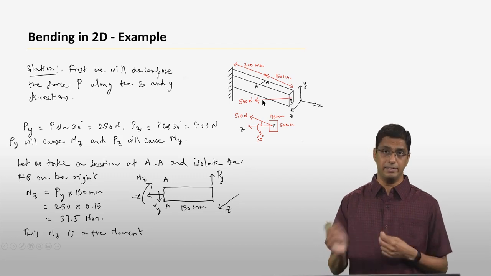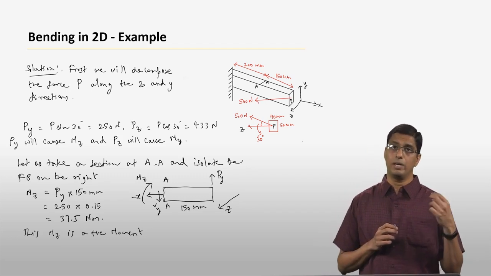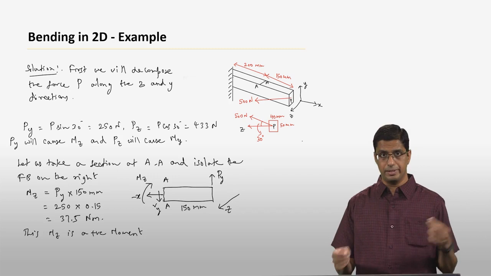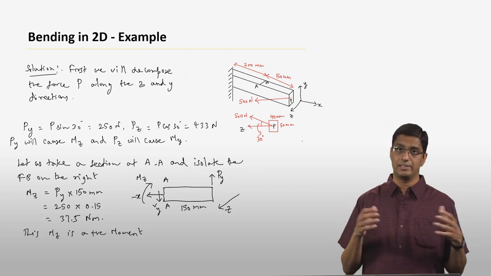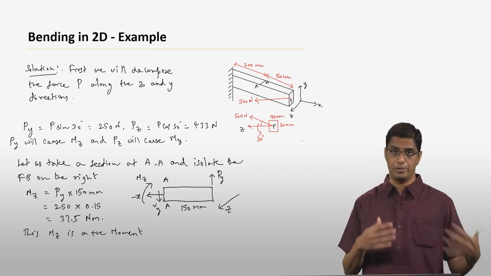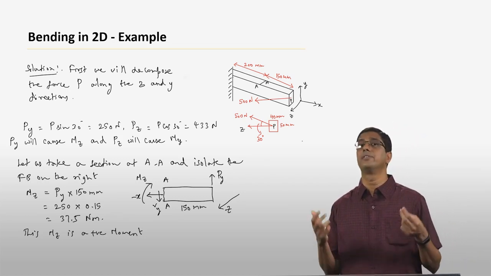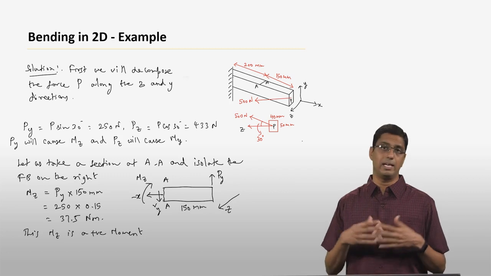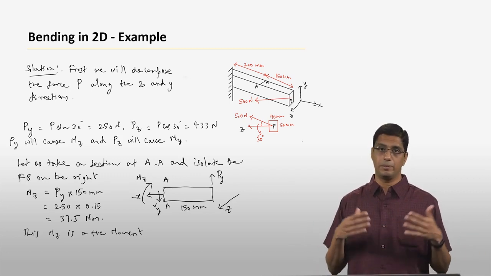So you can do R cross F and find out what is the moment due to that force in that cross-section, and essentially find out what components of moments are present and then approach the problem. So you do R cross F to find the moment at that cross-section and then solve the problem using that.